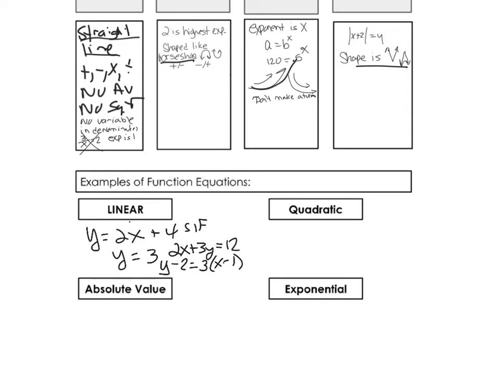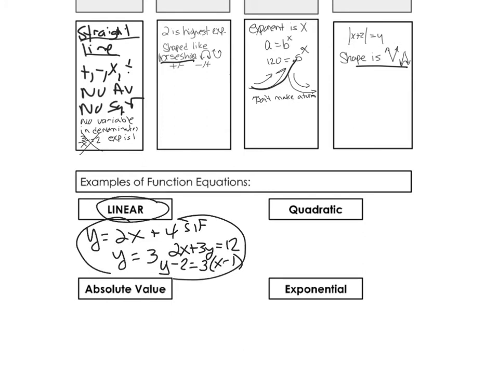All of these will graph a straight line. There's nothing other than plus, minus, multiply, or divide in it, no square roots or absolute value, our greatest exponent is 1, and there's not a variable in a denominator. So that means it's linear, it's a straight line.